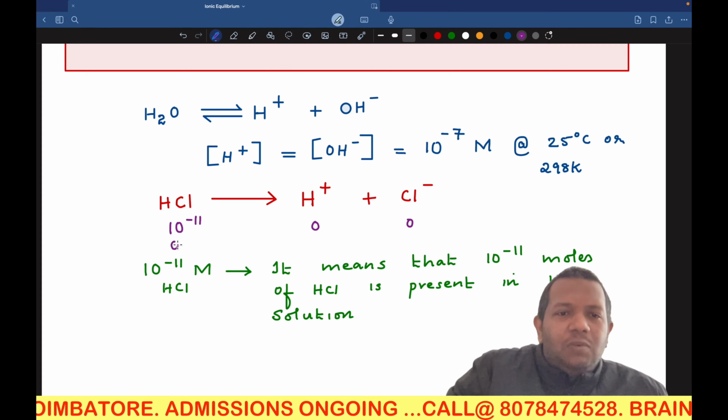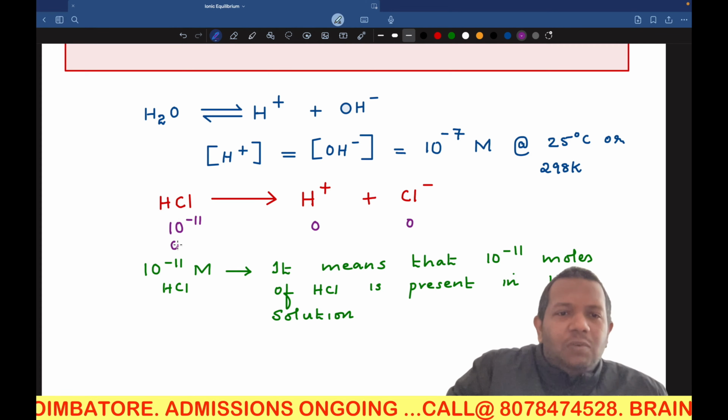So 10 power minus 11 moles, what can it give? Just think. It can also give 10 power minus 11 mole of H plus and 10 power minus 11 mole of Cl minus. Right now I got the number of moles of H plus. How can I convert this into concentration? Divide by volume.